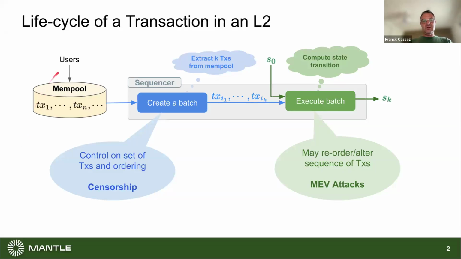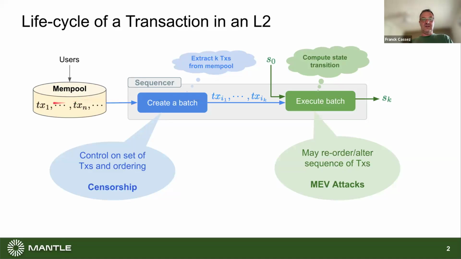So usually when users submit a transaction, they submit the transaction to a mempool. In a typical rollup or layer 2, it's a centralized mempool. And then the main component of the rollup is the sequencer. It's got a huge amount of power, and the sequencer is going to extract from the mempool some transactions, bundle them in a batch.